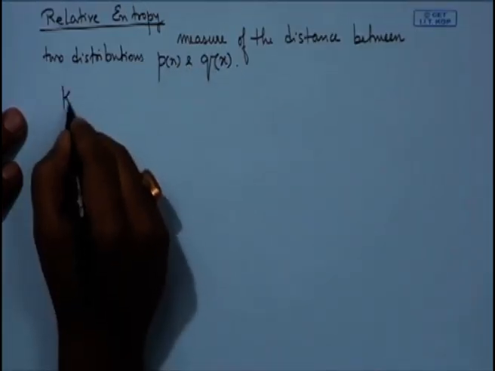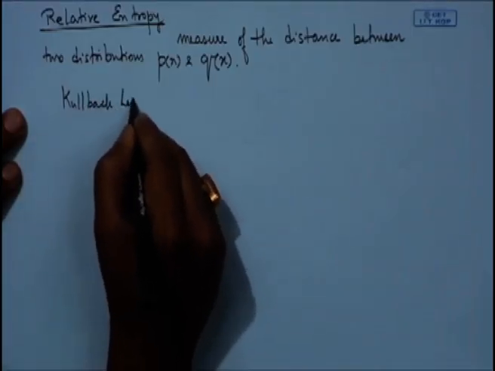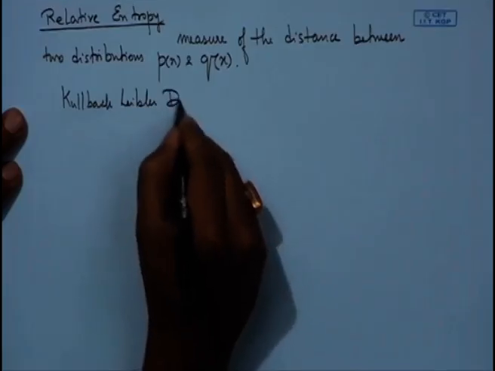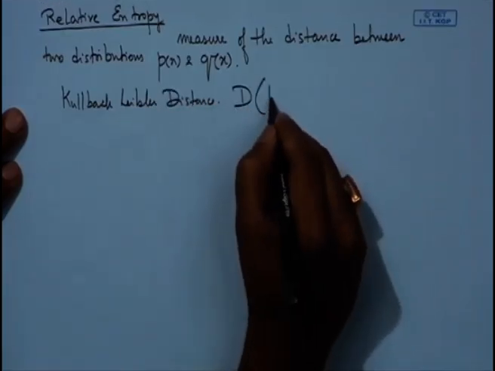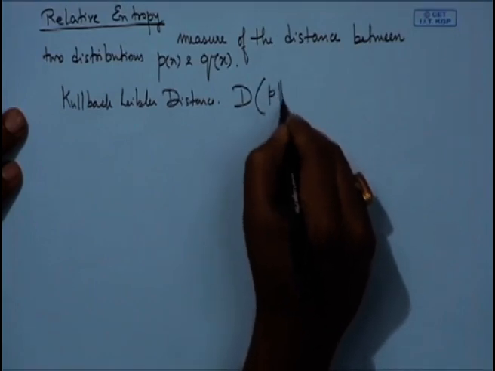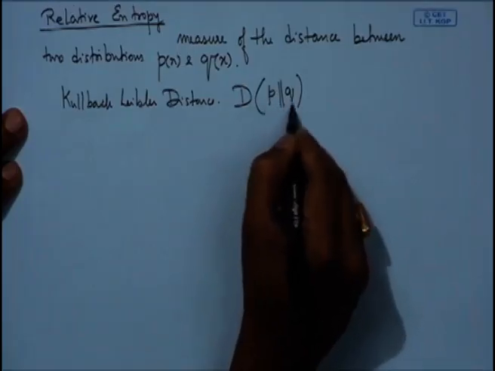It is also known as the Kullback-Leibler distance, and is denoted as D(p||q), with a parallel line between p and q. That means we are identifying the distance between the distributions.